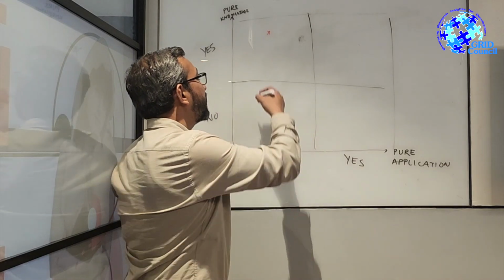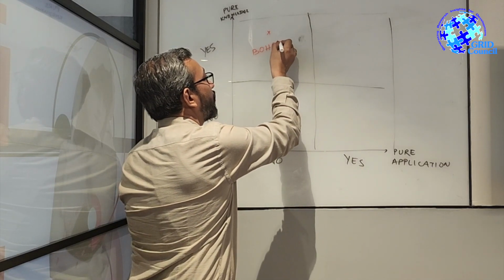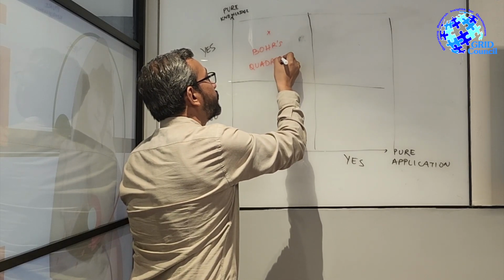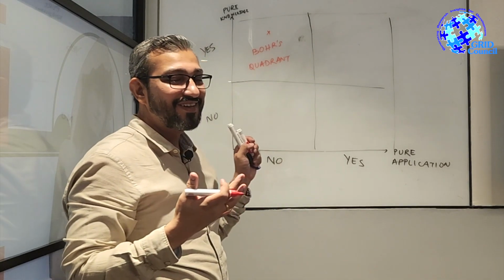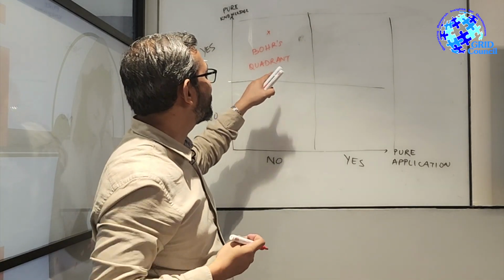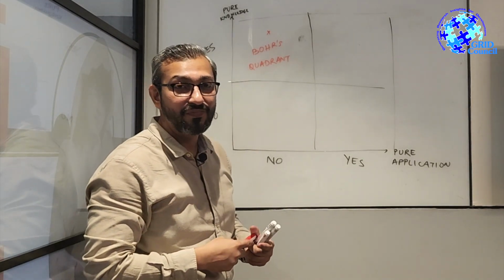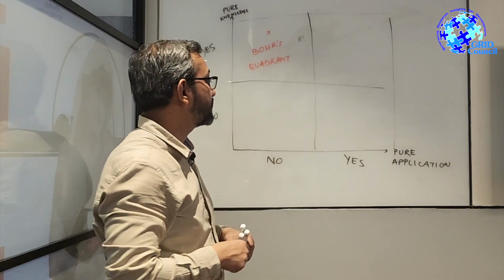So we'll call it Bohr's quadrant. To be able to do this kind of research, you need to be, let us call it a genius, but of course a genius who is obsessed with knowledge, and you need good lab support, a good team to be able to do this kind of research.